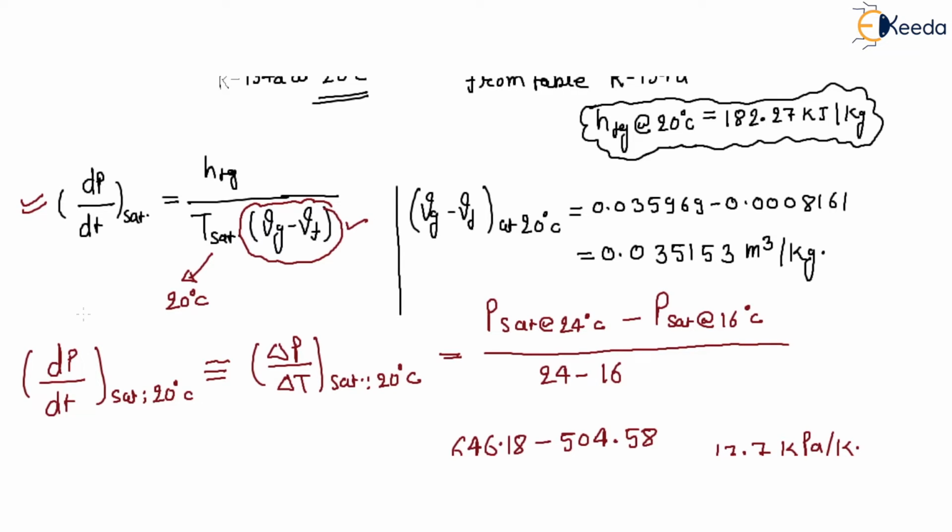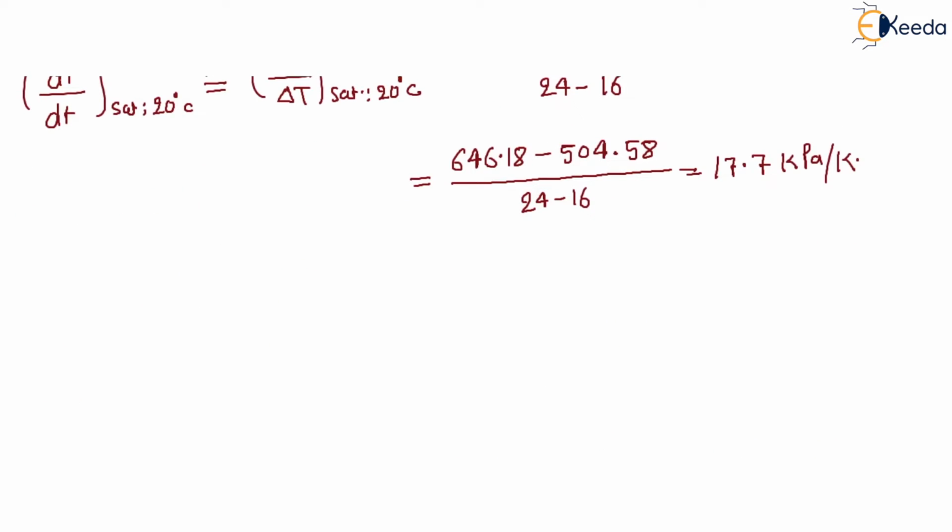So put all these values, 20 degrees centigrade plus 273, always put in Kelvin, always Kelvin. Now, what is HFG? HFG is equal to T of saturation times VFG times dP by dT of saturation.